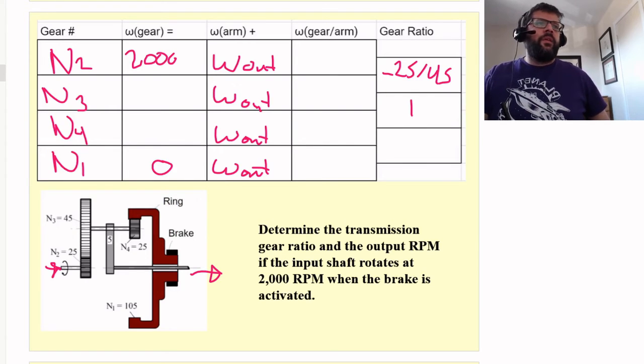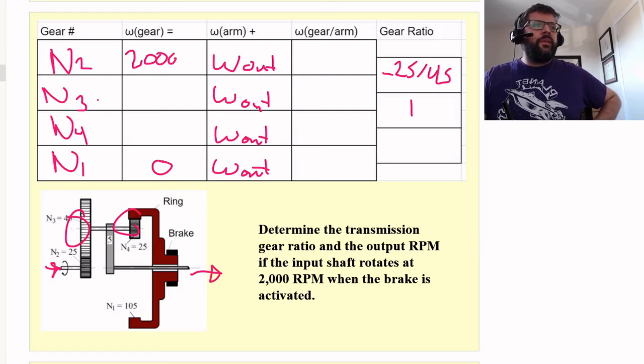So the rotational speed of those gears is the same, and obviously also their relative rotational speed relative to the arm is also the same.